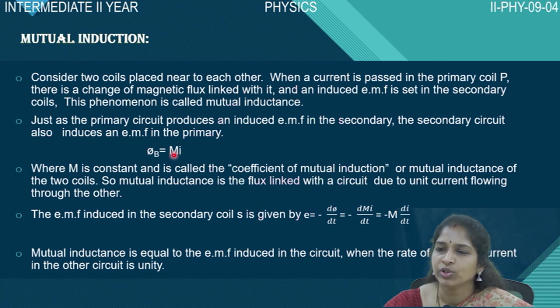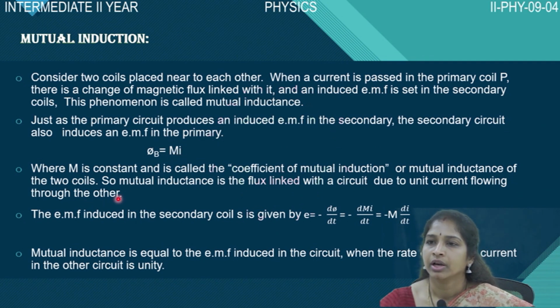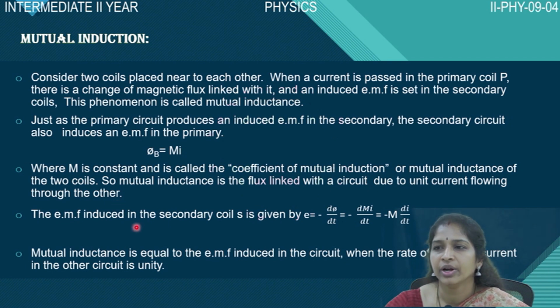So, the coefficient of mutual induction or mutual inductance is the flux that is linked with a coil when 1 ampere current is passing through the other coil. This is one definition, and the other definition we can give using this equation.